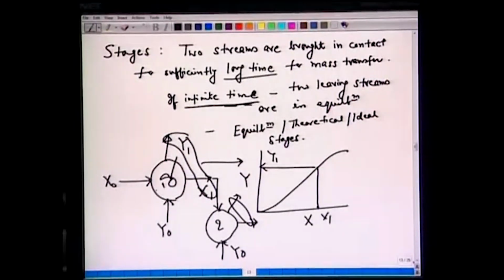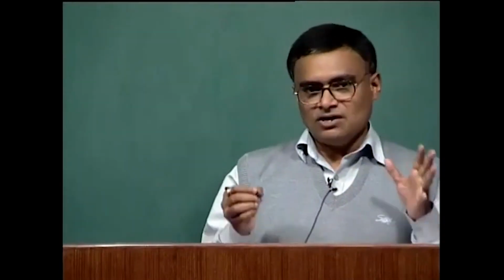There are several combinations possible. We can have cross co-current or we can have counter current. We will make a material balance on each of these stages. There are other types of arrangements where we have two stages in series, then two stages in parallel, and two streams getting mixed, but for simplicity we will take these two cases here.